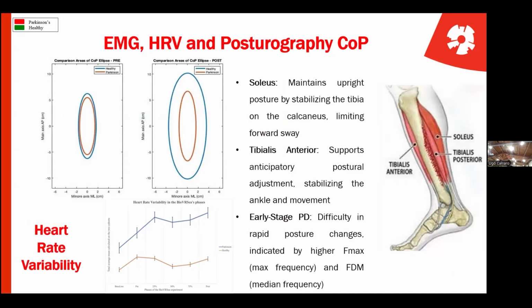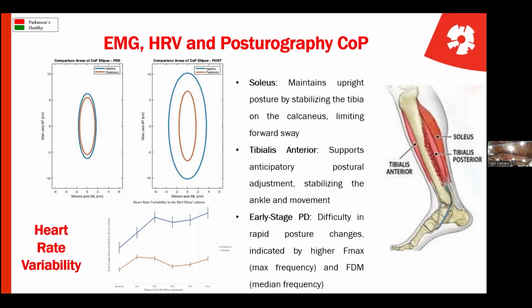And what we see, for example, by looking at the postural control, at the stabilography, is the equivalent ellipse that is drawn by the sway. So when you sway, you draw a pattern, and then you can model the pattern with an ellipse.